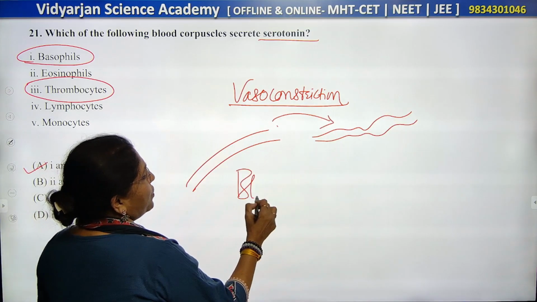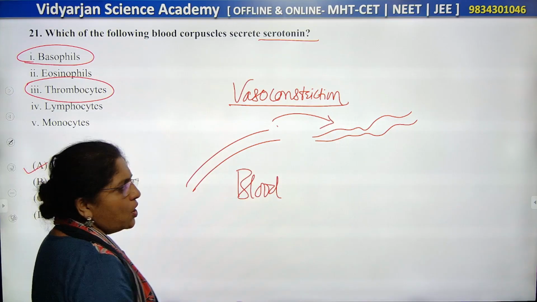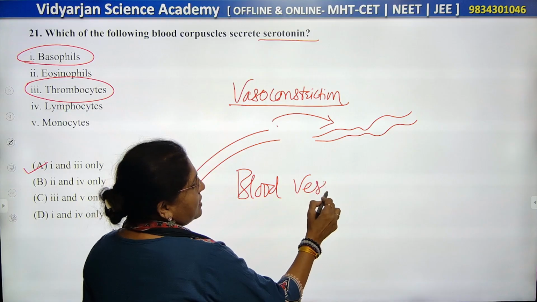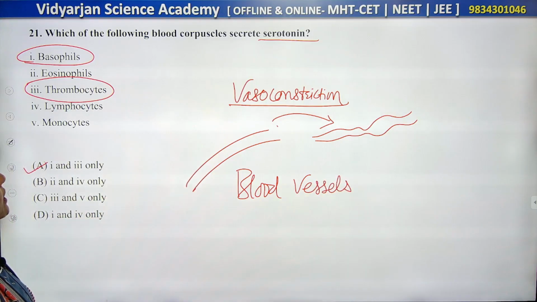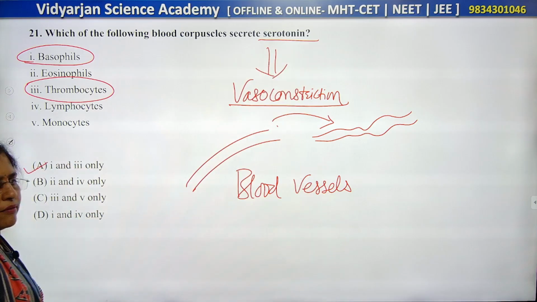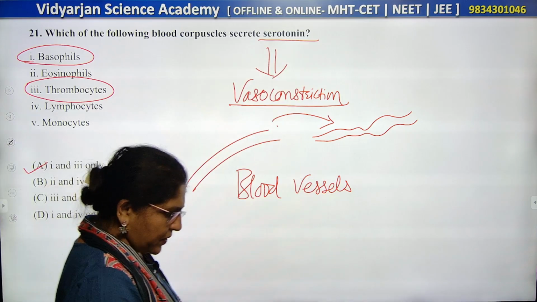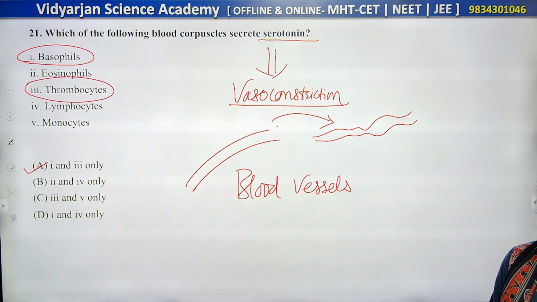This is related with the change in the diameter of the blood vessels, right? So this is the very important function you need here via the serotonin. You can note down: serotonin is acting as a vasoconstrictor. So what should be your answer? These are the two cells which are giving you the very perfect function for your blood.